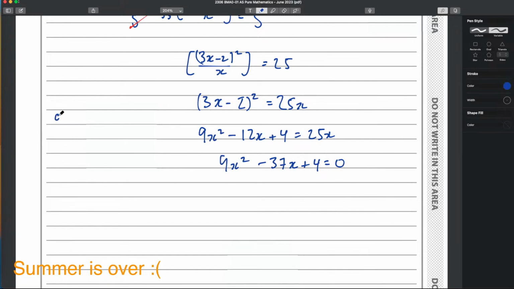Factors of 9: 1, 3, 9. Factors of 4: 1, 2, 4.